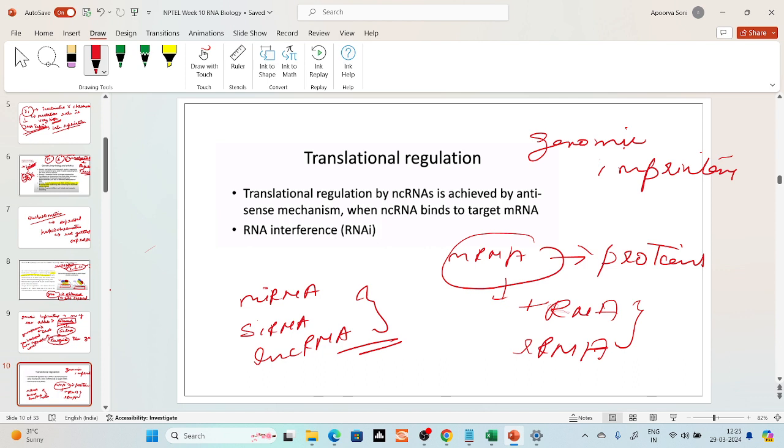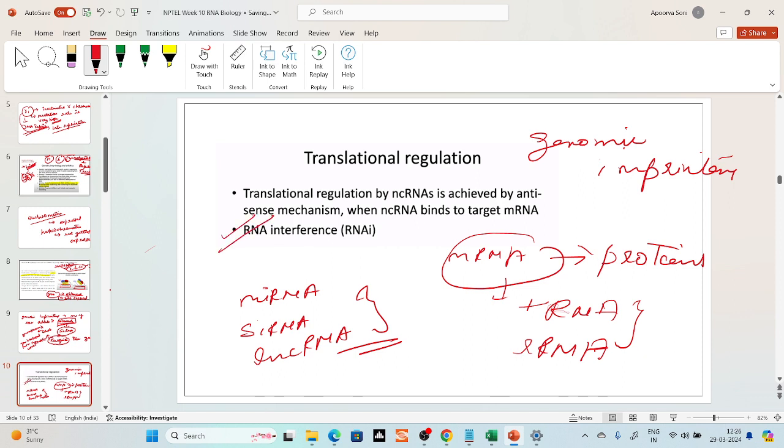And today we are studying genomic imprinting, another kind of work done by non-coding RNA. Not only that, they are also involved in targeting certain mRNA molecules and silencing them, which is known as RNA interference, or RNAi.